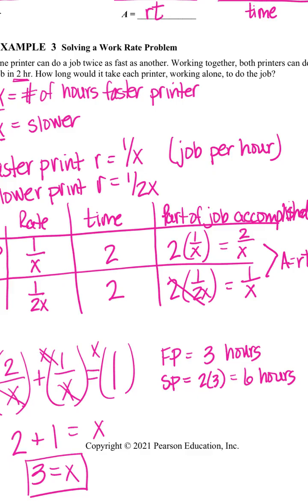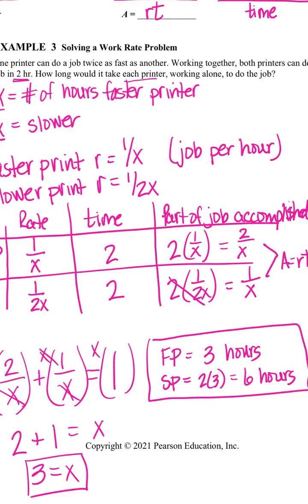So it would take 3 hours for the faster printer to do the job. It would take 6 hours for the slower printer to do the job. So be sure to give both answers, because they wanted to know how long it would take each printer working alone. So 3 hours for the faster, double the time for the slower.